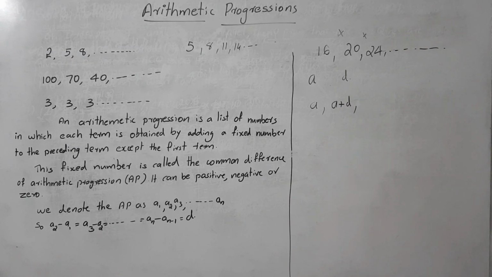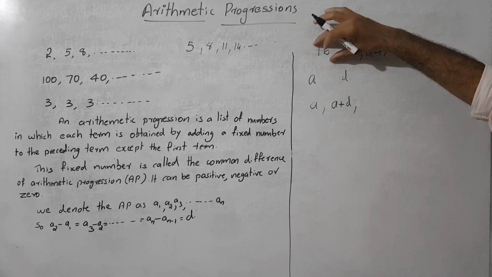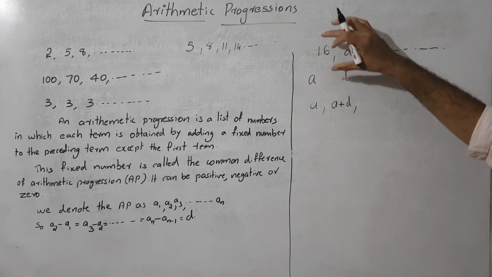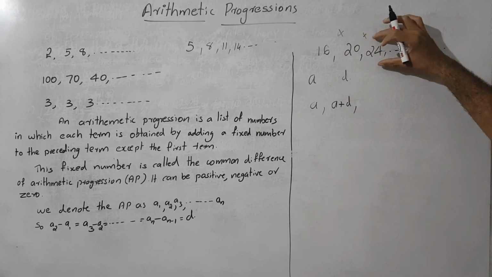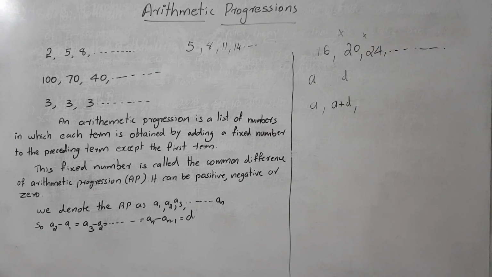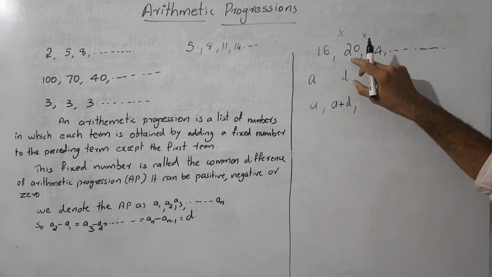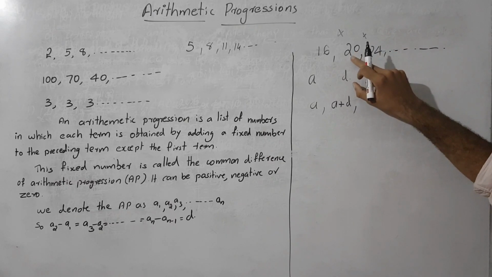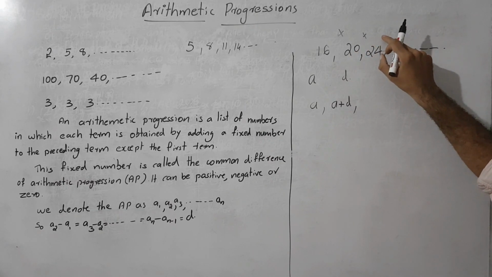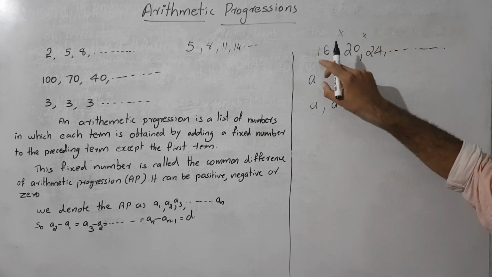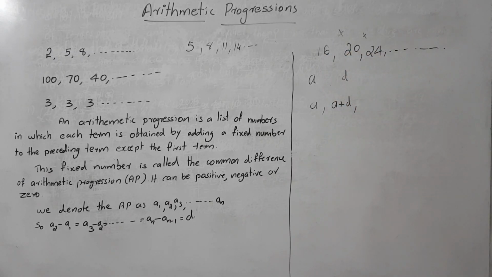Then on the basis of the first term, how do we write the third term? You know how to create the third term on the basis of the second: second term plus 4, that means second term plus common difference.